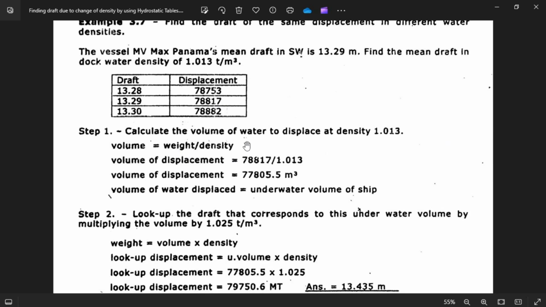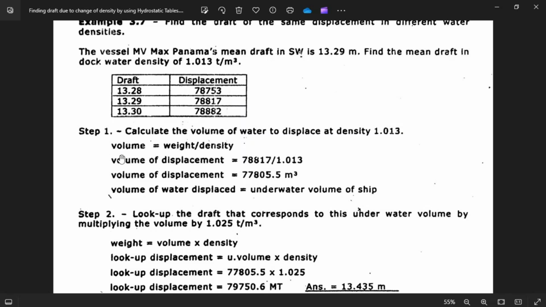Step 1, calculate the volume of water displaced at 13.29 when it is floating in a density of 1.013. Okay, this displacement is in salt water because we took this from the hydrostatic table, because all the figures in the hydrostatic table are based on salt water.